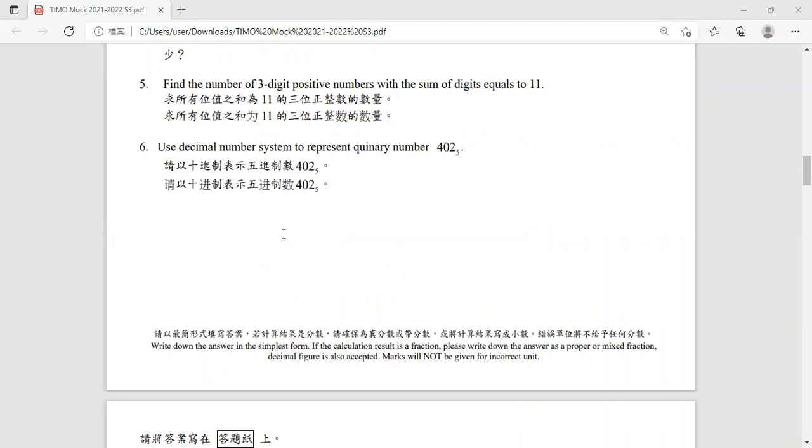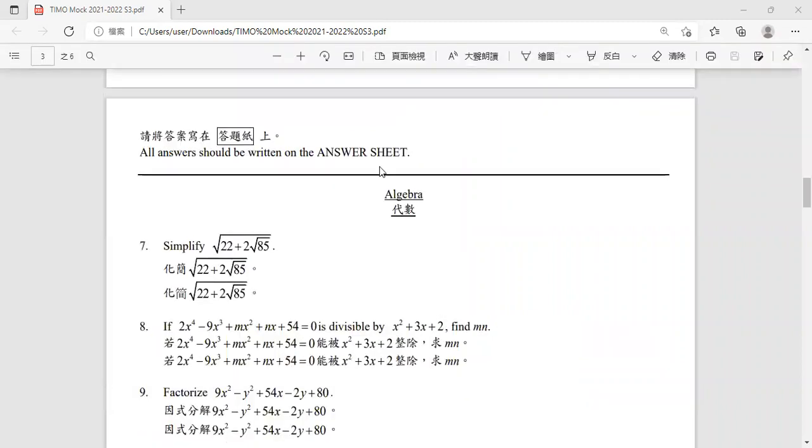This one is just easy, because for quinary, you just take all the digits, so it's equal to 4 times what? You can actually do it from the start. Nothing special. Very easy, this one.